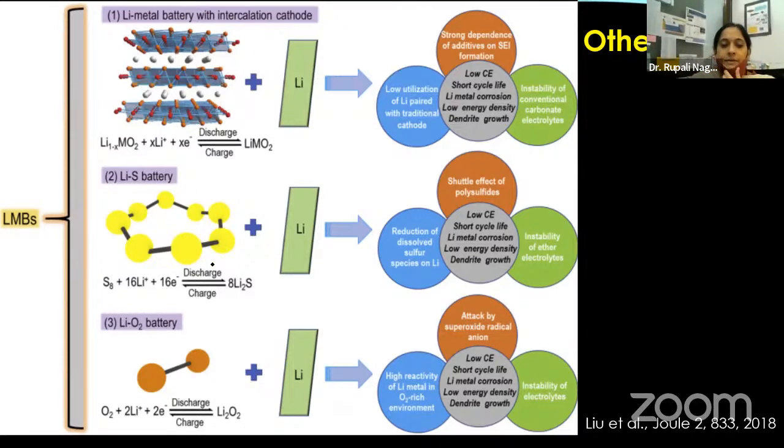So here, sulfur also has a very high theoretical capacity. So that means it is capable of giving very, very high energy densities. But the problem with sulfur is that when the cell is operating, there are certain substances which are forming, and these are irreversible.